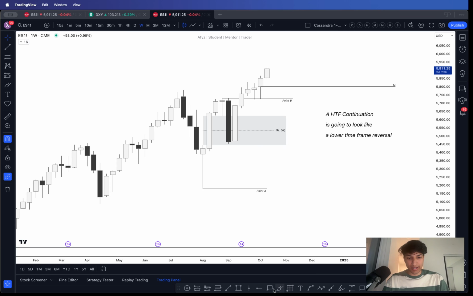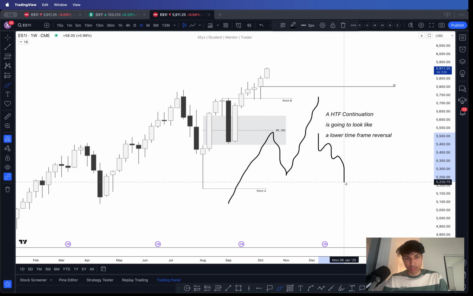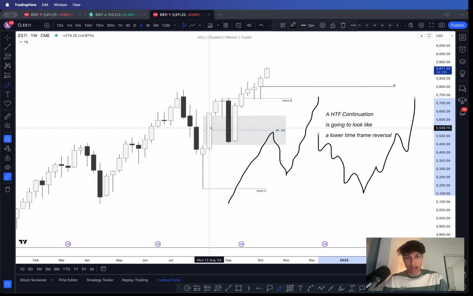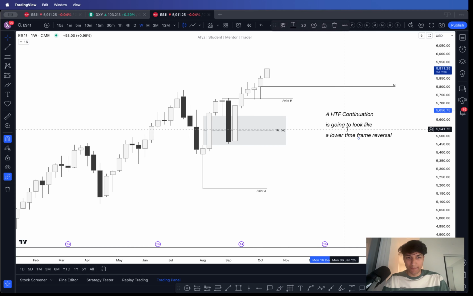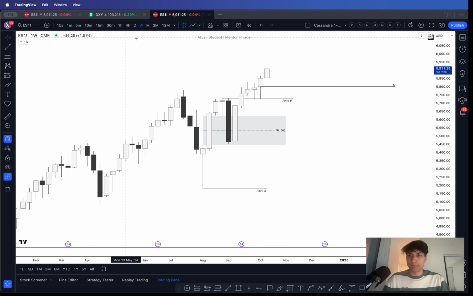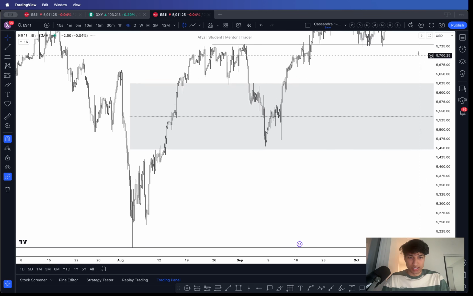So as price is creating a high and then a higher low and then a higher high as a continuation, on the lower time frame, price is going to look like a reversal outside of that key level, i.e. the internal range of liquidity. So for this weekly gap, we're going to use a 4-hour chart to determine if a reversal is occurring.